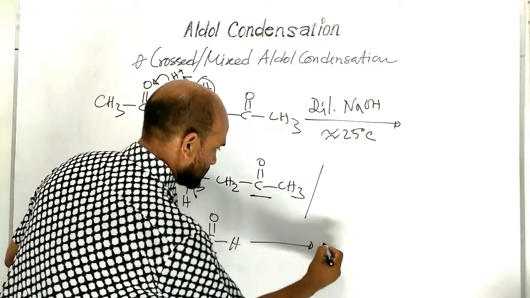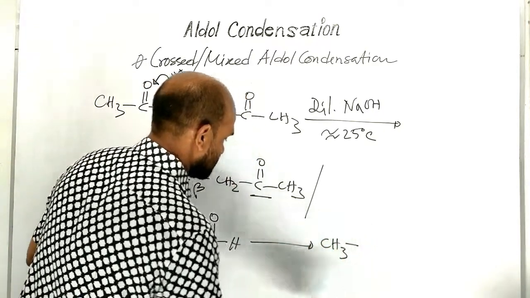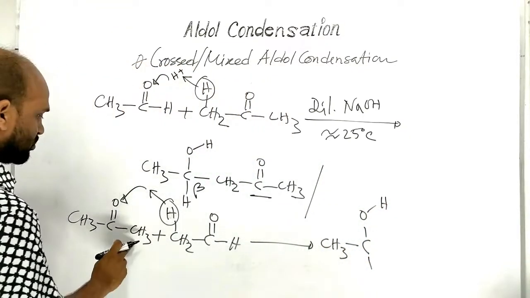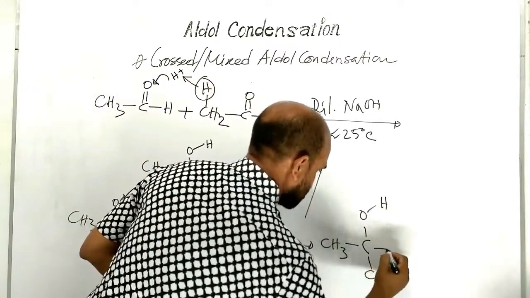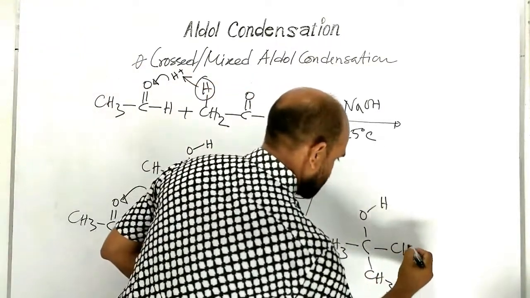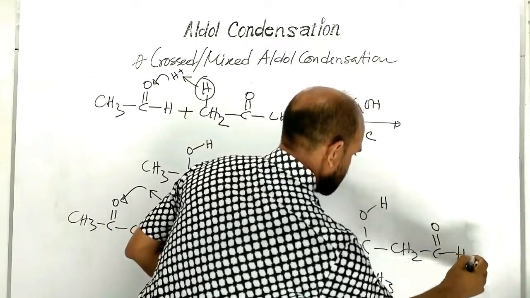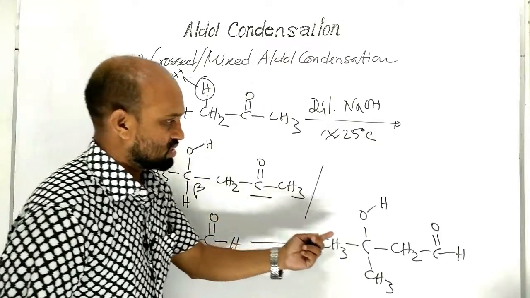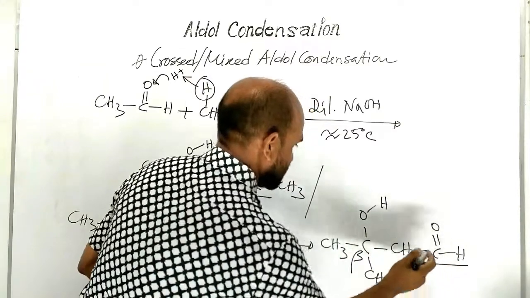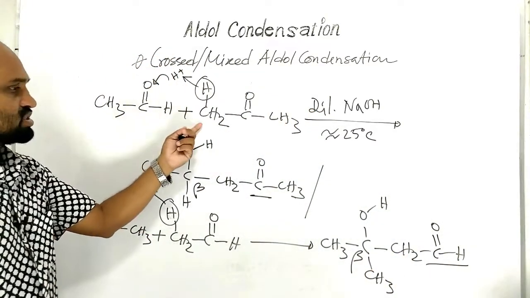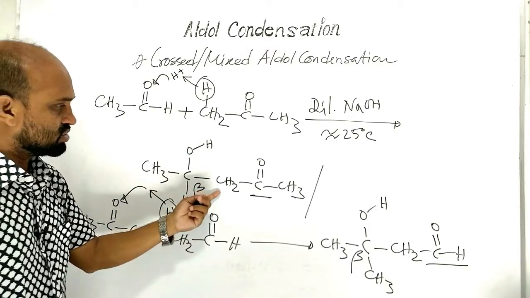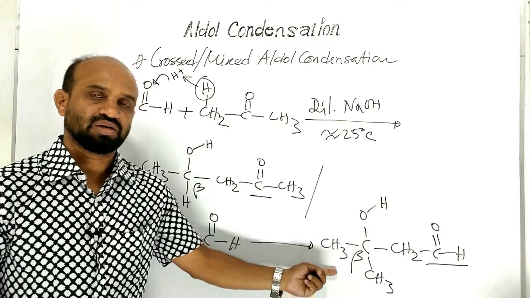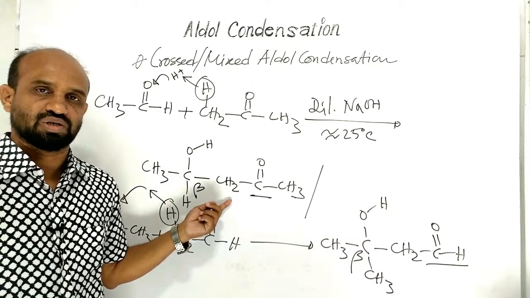Then the product is CH3, here CHO, and with this carbon CH3, here CH2, this one. So this is beta hydroxy ketone, this is beta hydroxy aldehyde. So same reaction, but there is a chance to form two kinds of products. One is beta hydroxy aldehyde and another one is beta hydroxy ketone.